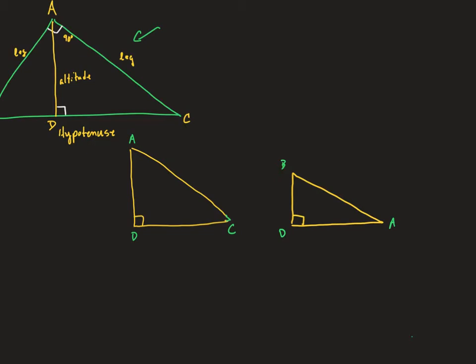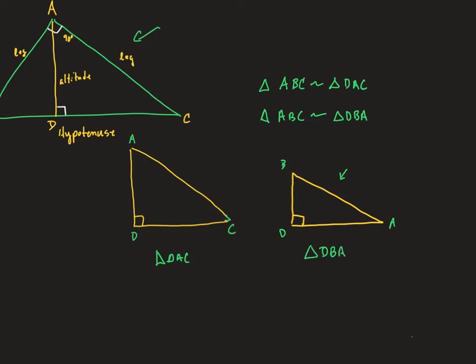So what we have here is the original triangle ABC is going to be similar to triangle DAC. Right here, this is triangle DAC. And ABC is also going to be similar to triangle DBA, which is right here, triangle DBA.